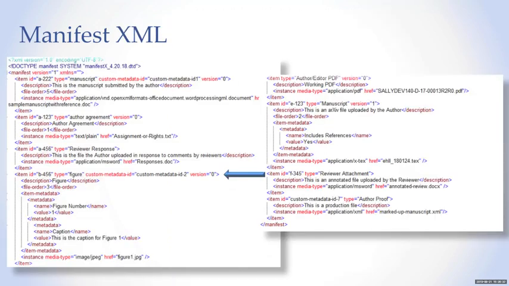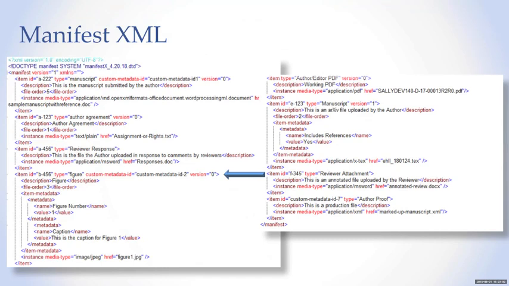Here is a sample XML file for the manifest, and I have a blue arrow pointing out one of the items. This is a figure. We do have the ability to include some custom metadata ID. That's just an XML ID. It can be used to identify files that may have different text names for the submission item, but they represent the same idea, the same object.